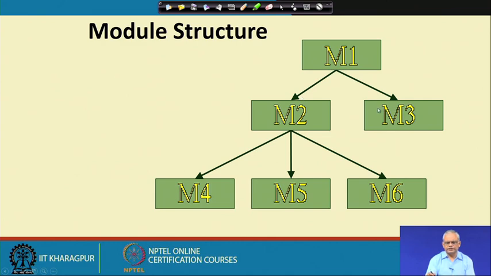We will see that it is a good design if our module structure looks like this, in a procedural implementation, it looks like a tree. As we proceed, we will understand the reasons why the module structure, the call relationship among the modules, should look like a tree.